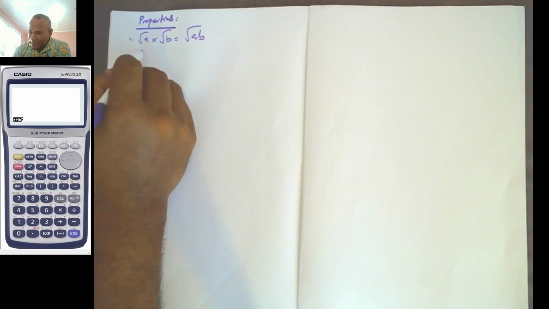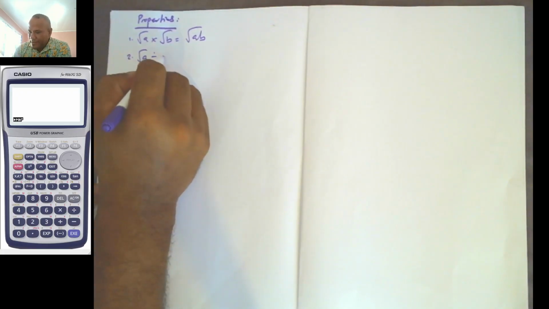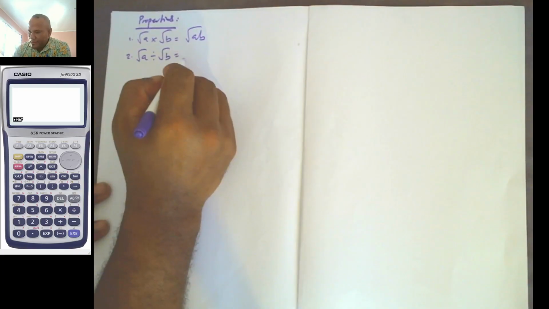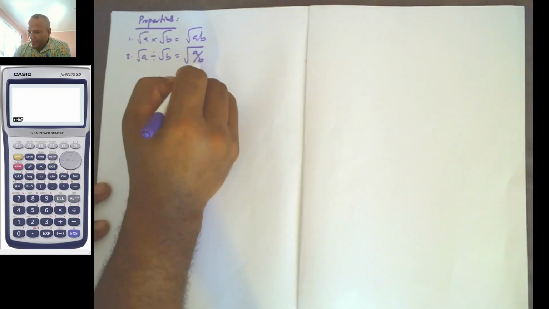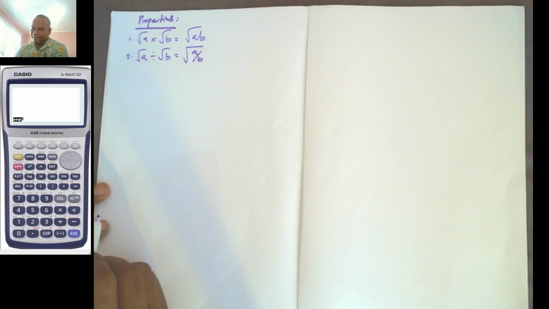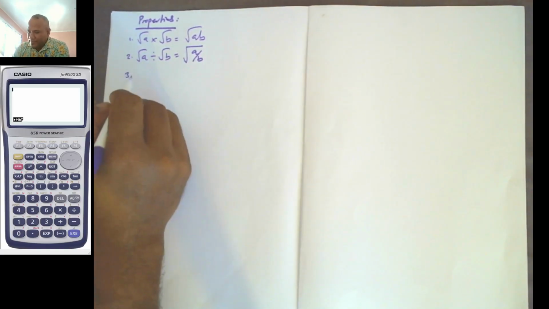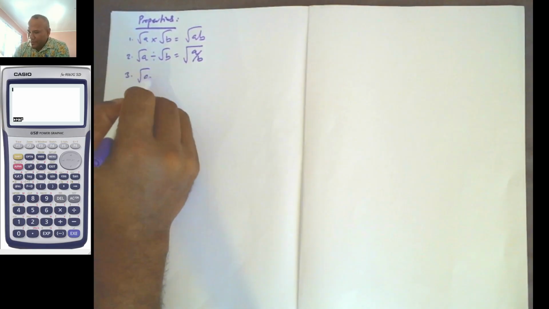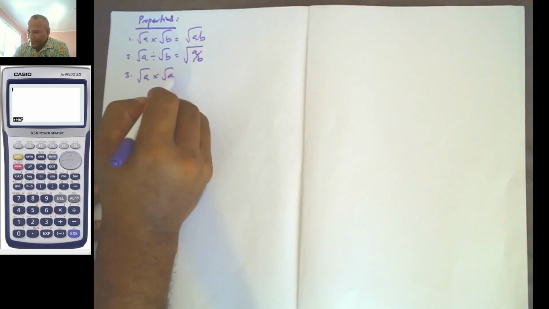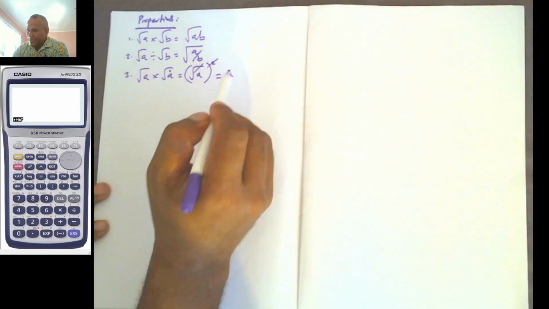Property 2: the square root of a divided by the square root of b is equal to the square root of a divided by b. And property 3: the square root of a times the square root of a is equal to the square root of a squared, and that cancels out. That is a.